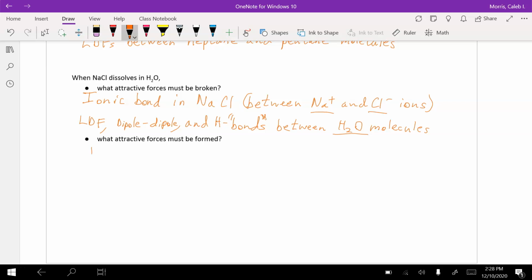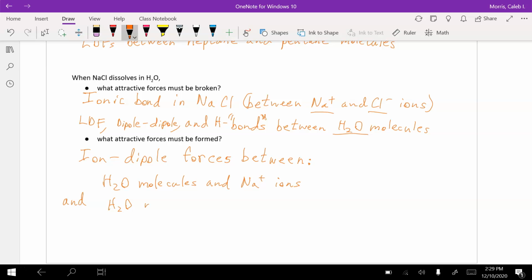Sorry, we usually call it ion-dipole forces between two different things, between H2O molecules and Na+ ions and between H2O molecules and chloride ions, Cl- ions.